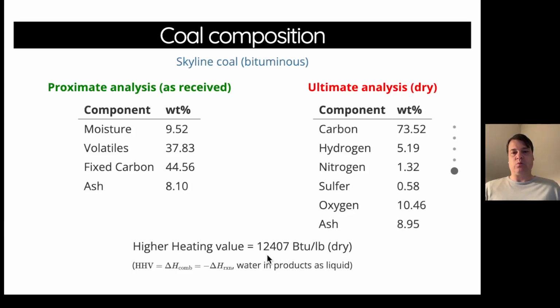In this case, it's 12407 BTUs per pound. And the higher heating value is typically what's used, and that's the heat of combustion, which is the negative of the heat of reaction, where you assume that the water in the products exists as a liquid. So it's a higher heating value because you get more heat out when you condense the water all the way to a liquid. That's not really done in practice, but that's what's done in referencing the heating value of the coal.